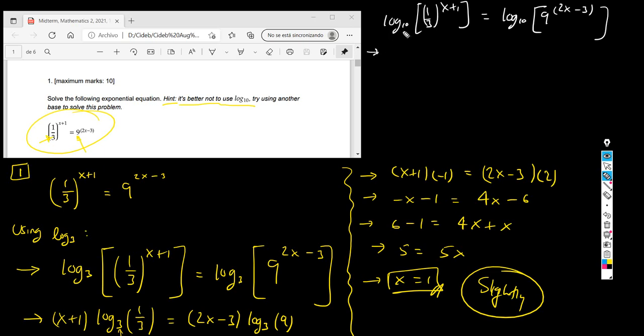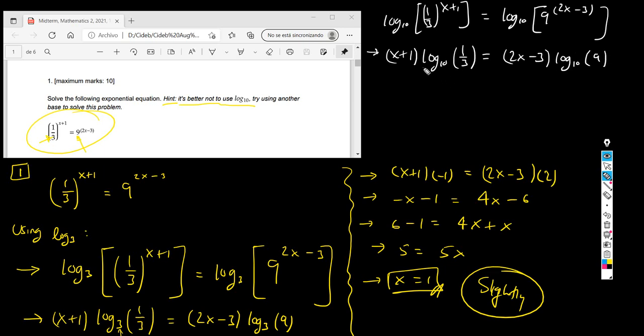Since you're using logarithms, the same law applies. You can lower the exponent like this.